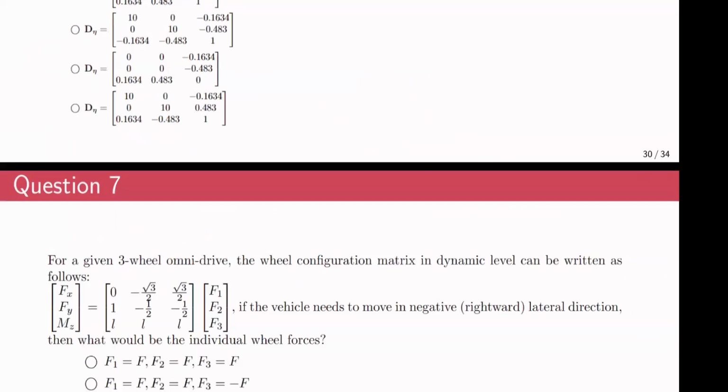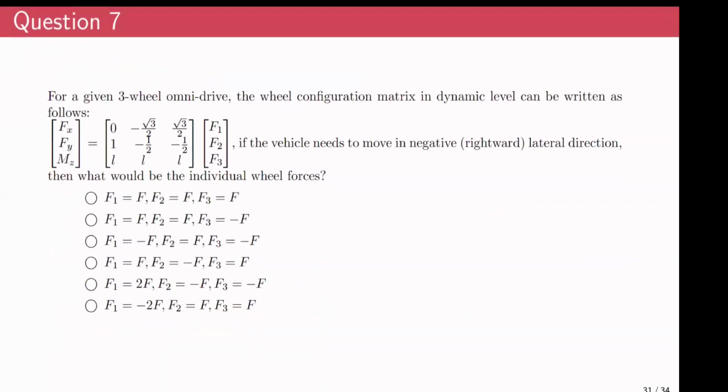Going back to the second last question of today's session, it's almost similar to the things that we have solved earlier. So given a three-wheeled Omni drive, the wheel configuration matrix in dynamic level can be written as follows, so and so. So I'll just have a quick overview of the Omni wheel drive.